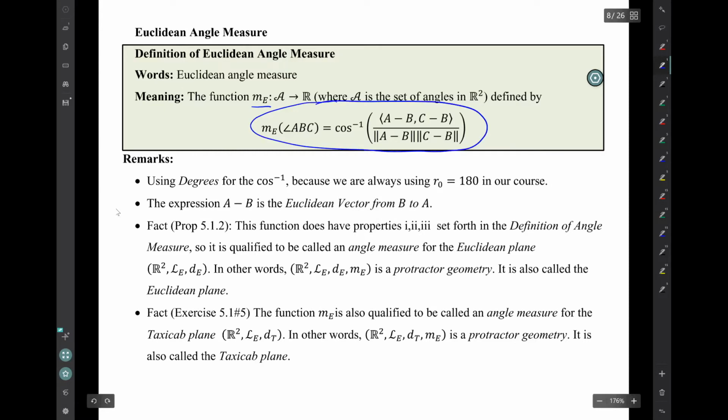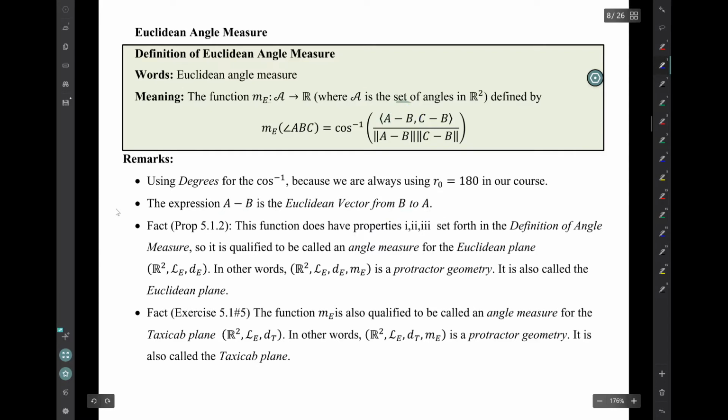The measure of an angle ABC is obtained by using this formula, cos inverse of that mess. Now, I should explain a bit about this formula. First of all, we use degrees for the cos inverse function because we're always using r0 equals 180 in our course. Also, this expression, a minus b, is the Euclidean vector from b to a.